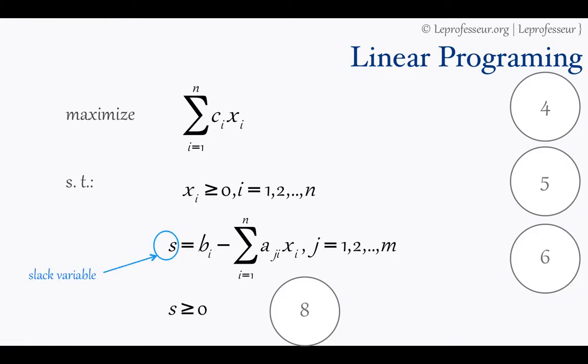And we put a constraint on the slack variables in the same way we put a constraint on the x variables, the original problem variables, that its value should be greater than or equal to 0. So for any kind of linear programming problem, we would like to have slack representation before those can be solved by our computer program.